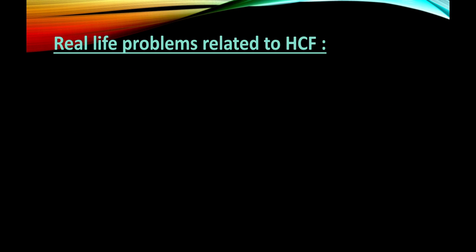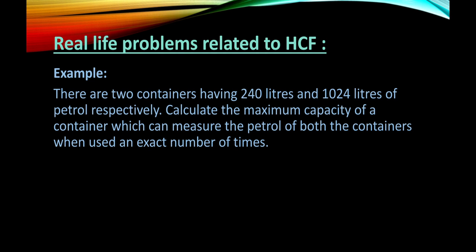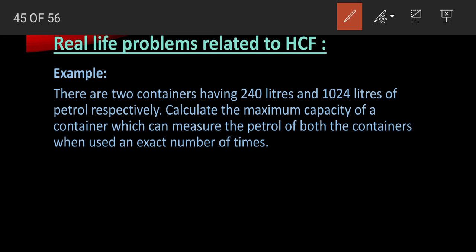Now come to a real life problem related to HCF. Here is an example where we will use the HCF in a real life situation. There are two containers having 240 liters and 1024 liters of petrol respectively. Calculate the maximum capacity of a container which measures the petrol of both containers when we use an exact number of times.